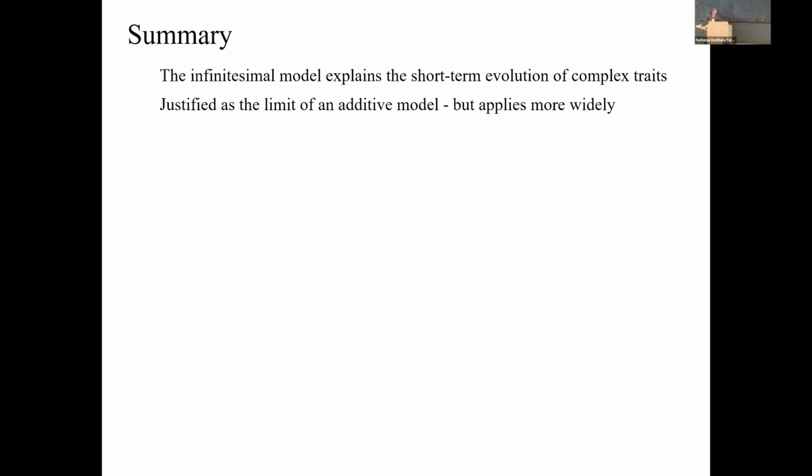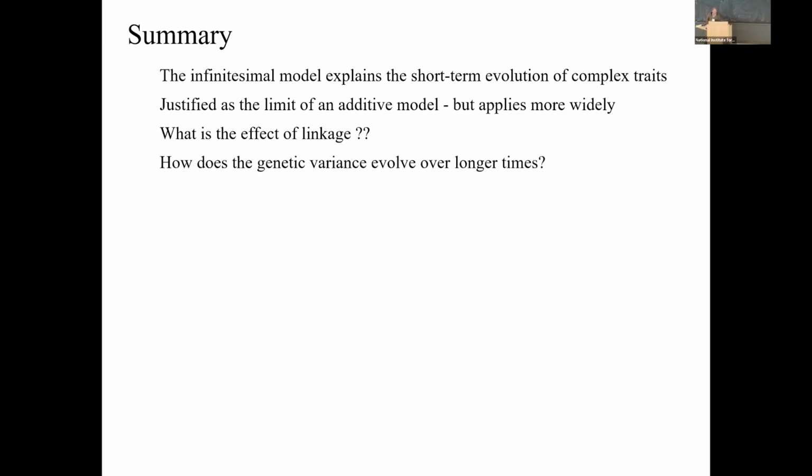We can justify it as the limit of an additive model, but it applies more widely. Clearly, it breaks down if there's linkage, and there is linkage. We can't have an infinite number of genes all on different chromosomes. And it's a bit of a puzzle why it seems to be rather robust to the limited genetic map that real organisms have.